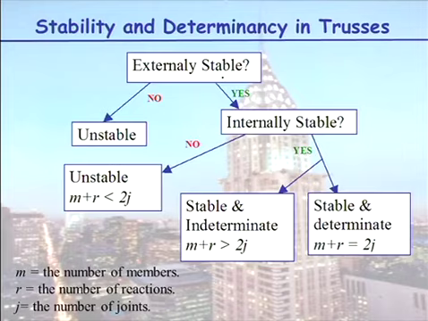Is it externally stable? That means, are the supports okay? If you have enough supports, yes. Then you ask yourself, is it internally stable? So this is asking yourself, is it fully triangulated?